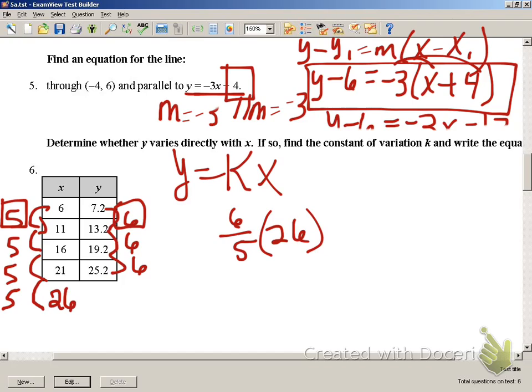So 26 times 6 divided by 5 gives 31.2. So then, do we have a direct variation? Our constant of variation would be 6 over 5.